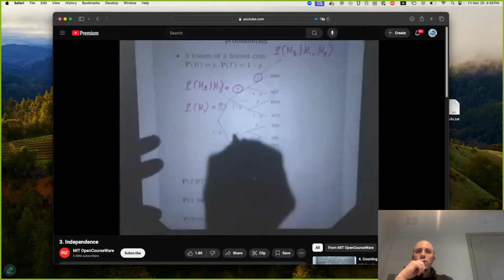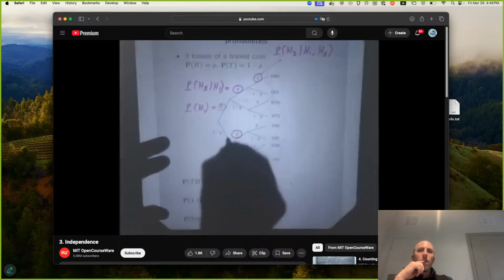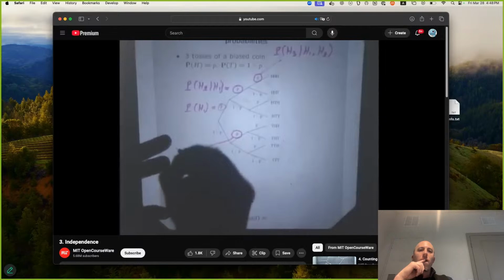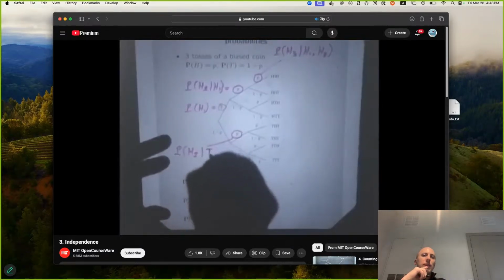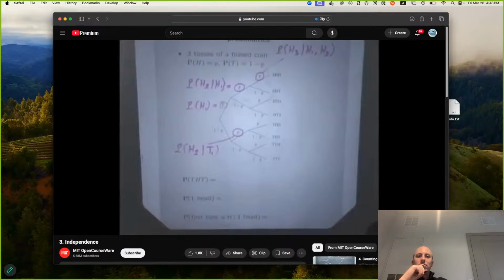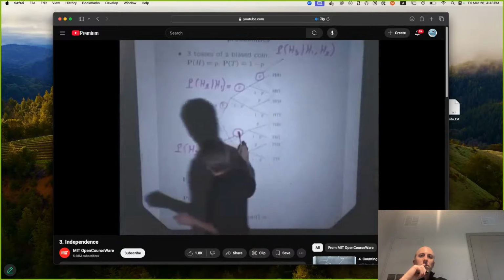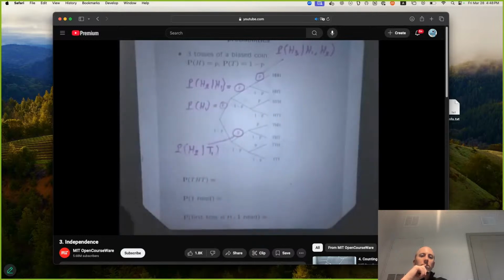For example, even if the first toss was tails, we still have the same probability P that the second one is heads, given that the first one was tails. So we're assuming that no matter what happened in the first toss, the second toss will still have a conditional probability equal to P. That conditional probability does not depend on what happened in the first toss.